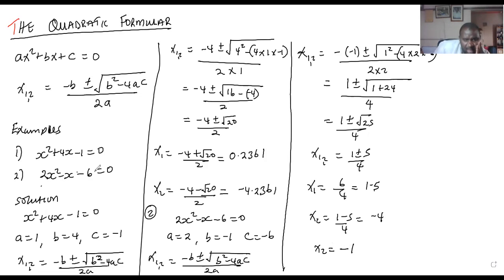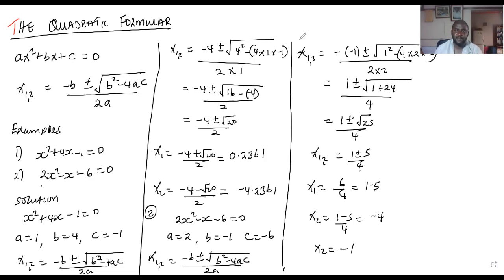If I investigate with -1, I get 2 plus 1, 3 minus 6 is not 0. I think these are wrong. Confirm with the calculator and see. I made a mistake, guys.